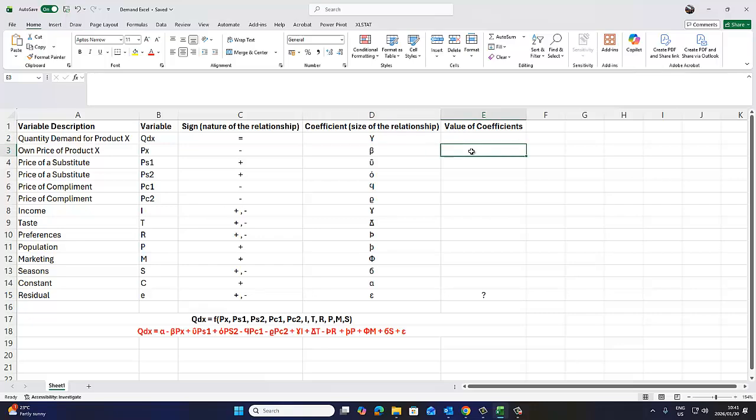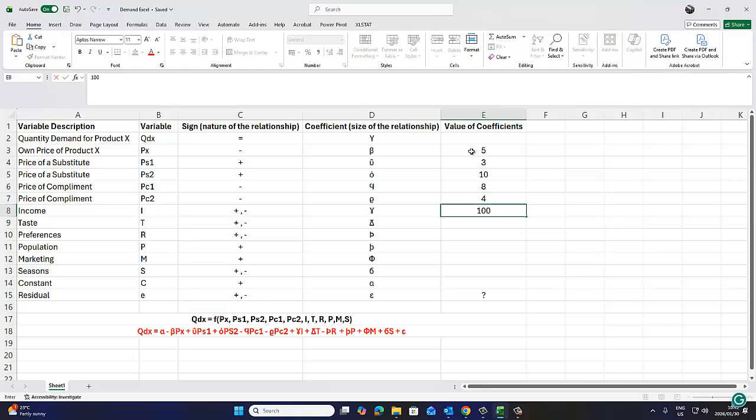So let's for argument's sake say own product is 5 Rand. Let's say the price of a substitute is 3 Rand and 10 Rand. Let's say the price of a complement is 8 Rand and 4 Rand.